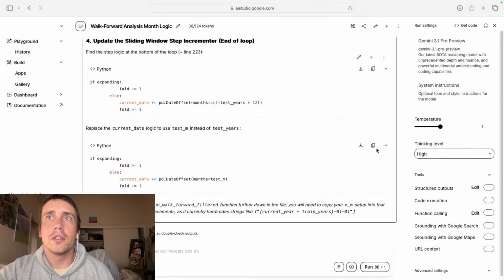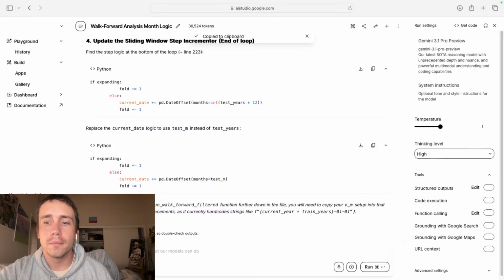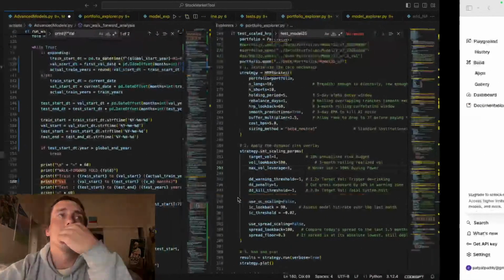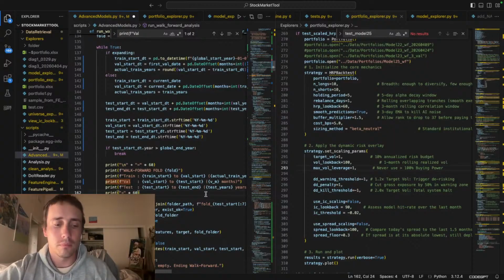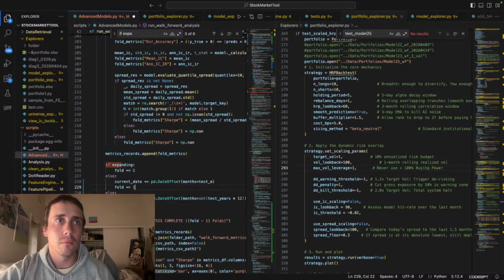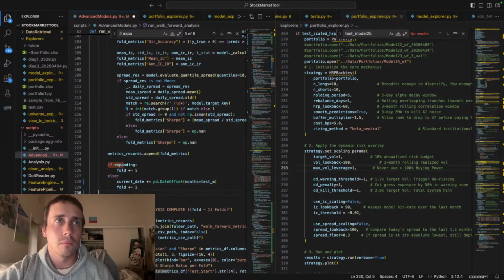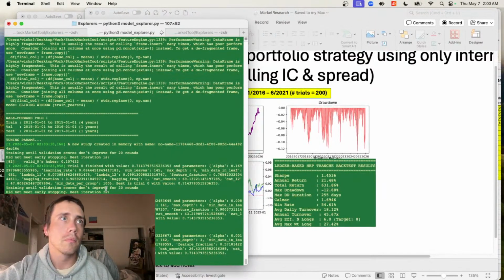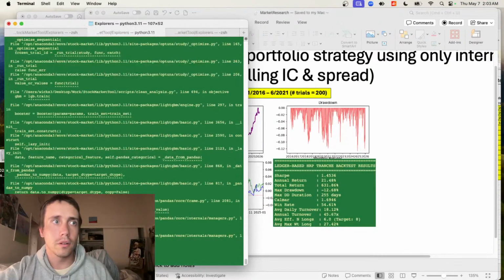To use test M instead of current use. So I think that actually is it. Nope, that doesn't work.